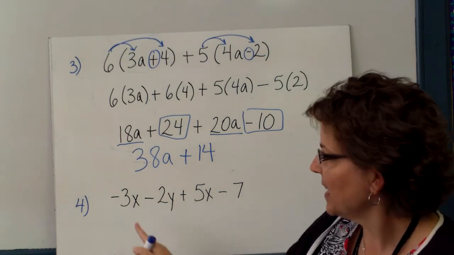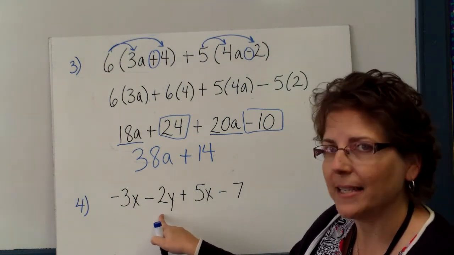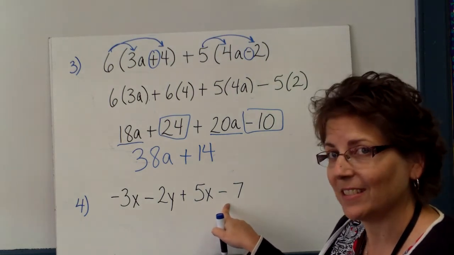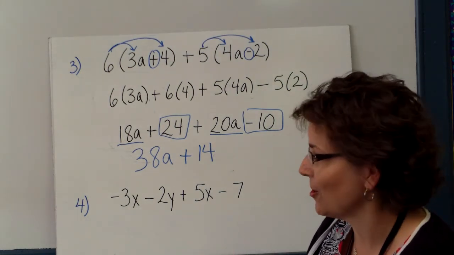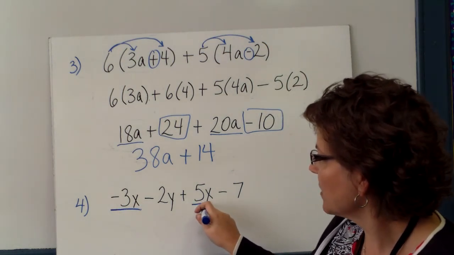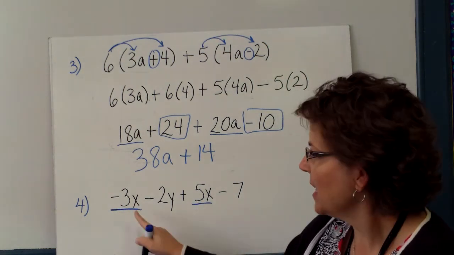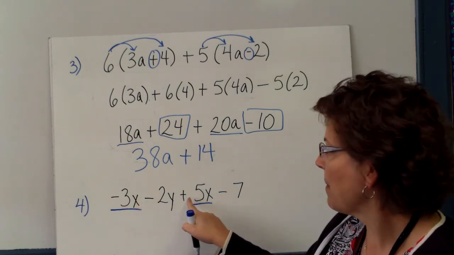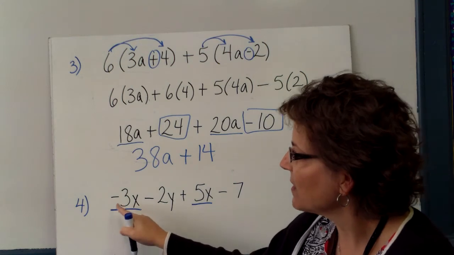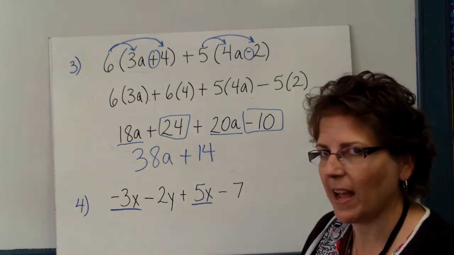Number 4, negative 3x minus 2y plus 5x minus 7. I have to find my like terms. Well, here's something with an x, and here's something with an x. Negative 3x plus 5x. They both have x's, so I just have to combine the negative 3 plus 5.